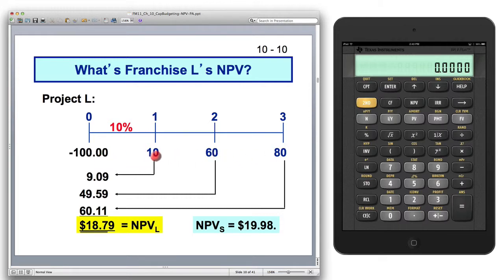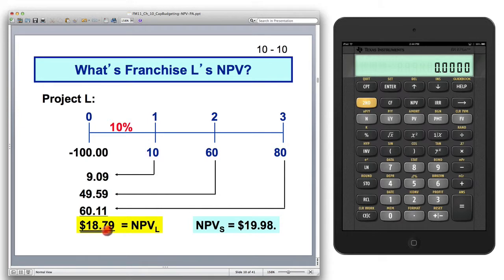We have to look at the discounted present values, which at a discount rate of 10% is 10 divided by 1.1 to the power 1, which comes to 9.09, 60 divided by 1.1 squared, which comes to 49.59, and so on and so forth. If you add it all up, the net present value in this case is $18.79.